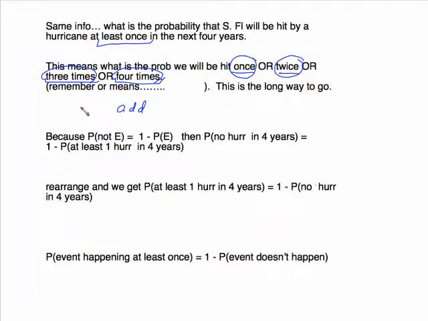What we're going to use to do this using a formula is this fact right here. I'm going to explain to you where this fact came from, but this is where we want to go. The probability that an event will happen at least once is 1 minus the probability that the event doesn't happen. Now think about that. Back here on the hurricane, it could happen once or twice or 3 times or 4 times. The thing we didn't list here is not happening at all. And that's why we're going to use this formula. The probability that the event happens at least once is 1 minus the probability that the event doesn't happen.